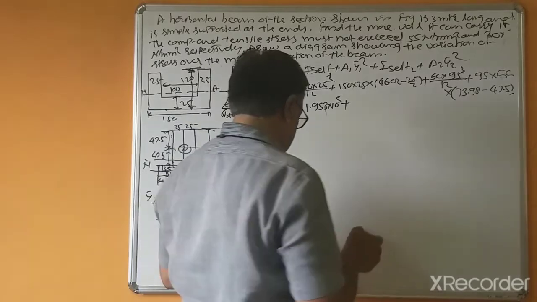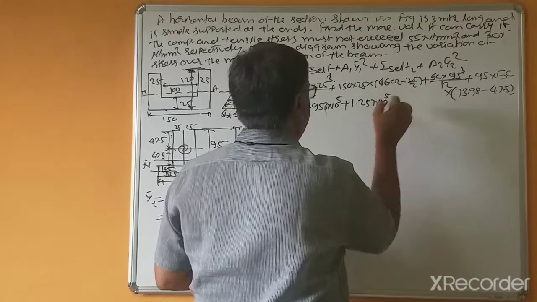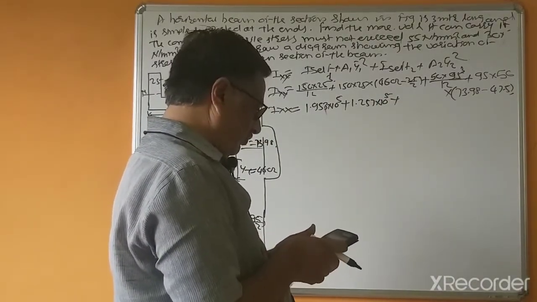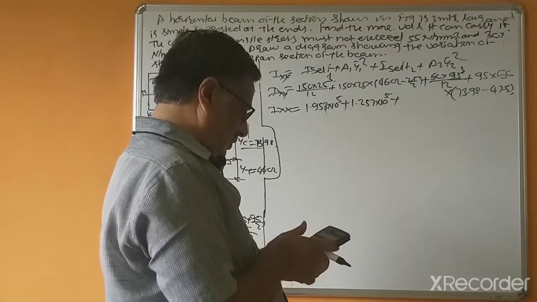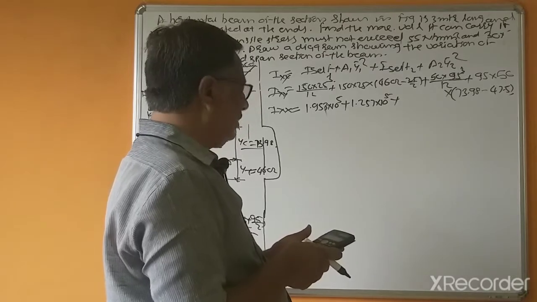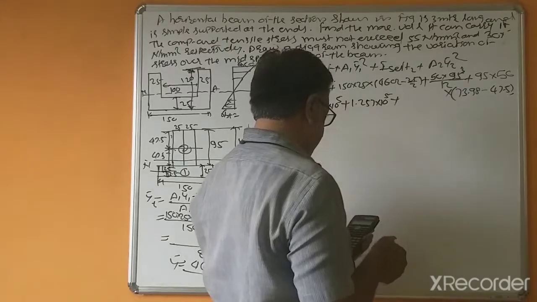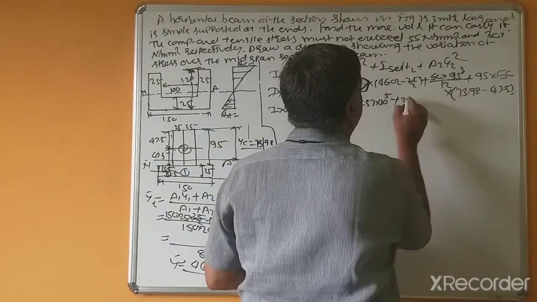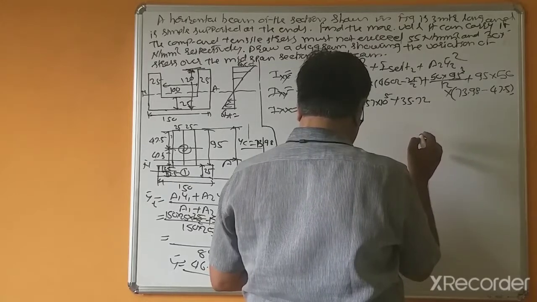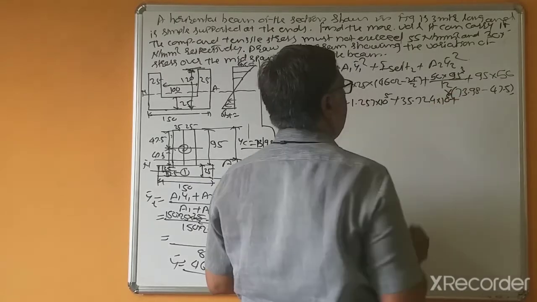This is 1.257 into 10 to the power 5. Then 50 into 95 cube divided by 12, this is 35.72 into 10 to the power 5.